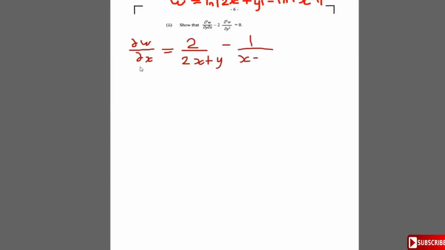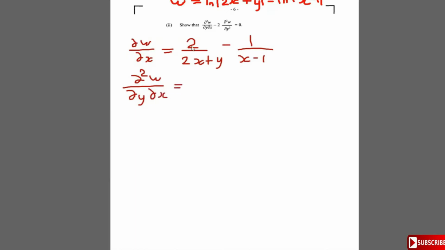All right, so let's go ahead now and find out what is ∂²w/∂y∂x. It just means that we're going to differentiate ∂w/∂x with respect to y.